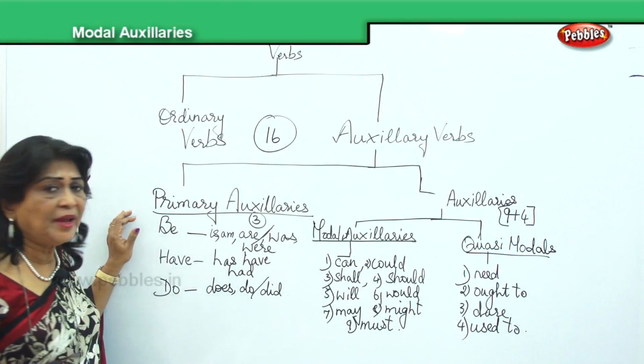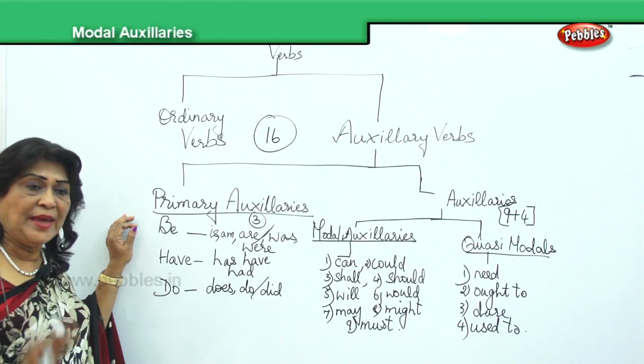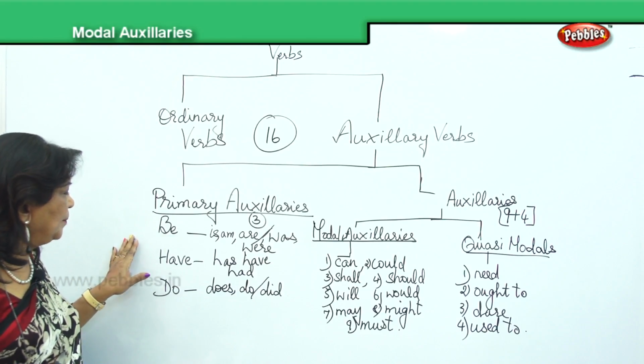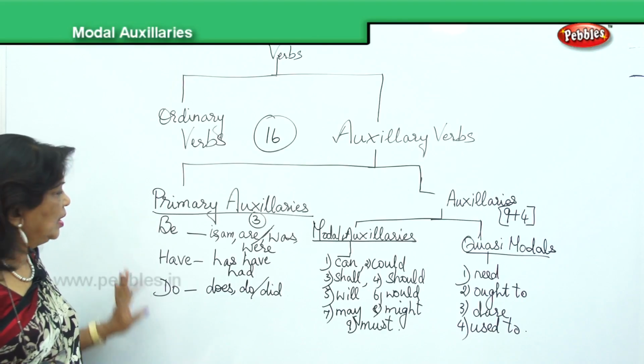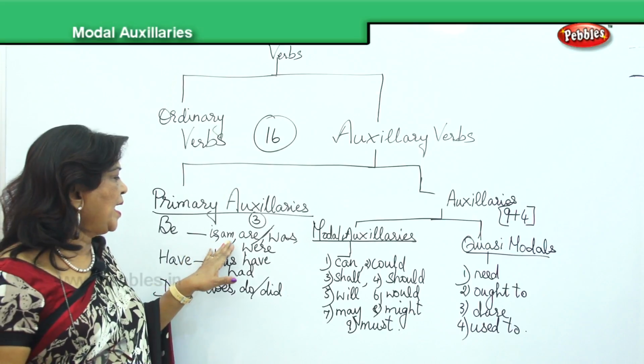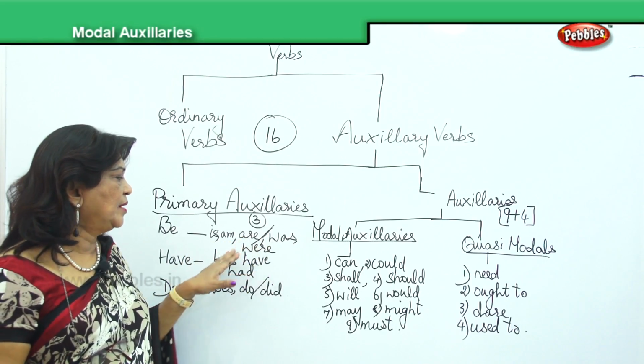Now, how many primary auxiliaries? Primary means the basic. These are the basic auxiliaries: be, have, and do. And these be form of verbs are is, am, are, was, and were.